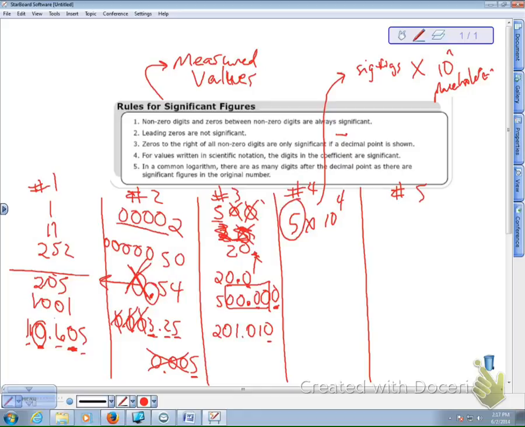In that case, there's just 1, so 1 sig fig. If I do 4.0 times 10 to the 4th, this time there are 2 sig figs. Zeros at the end of decimal numbers are significant. If it's there, it better be important.